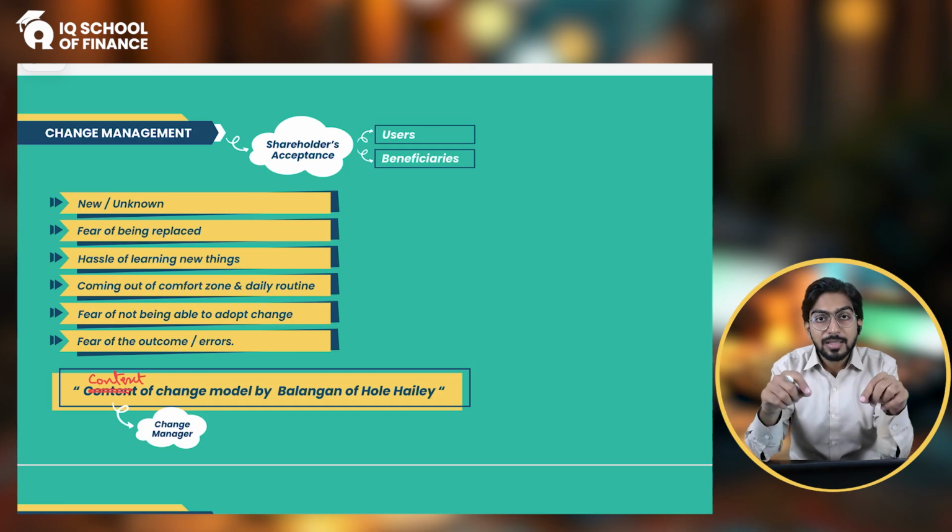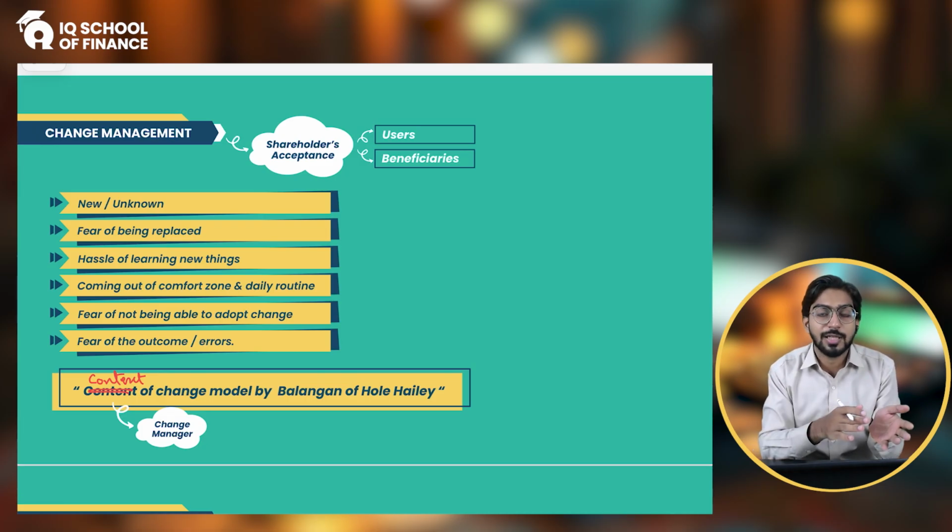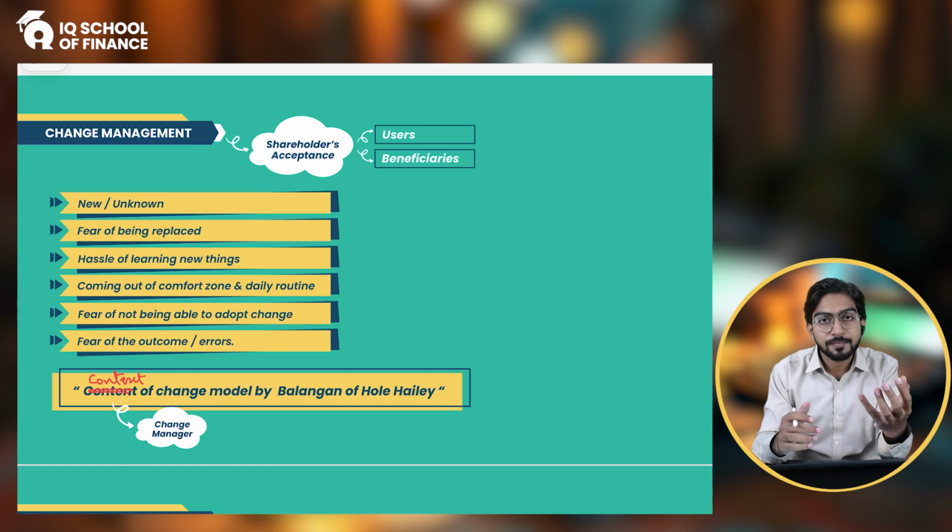But the main thing, if you want a successful change management, is to ensure that the stakeholders change themselves along with the change. If you are bringing new technology, processes, methods, or policies, but the stakeholders are not adopting or accepting it, then your change is never going to be successful. That is what we need to understand today.